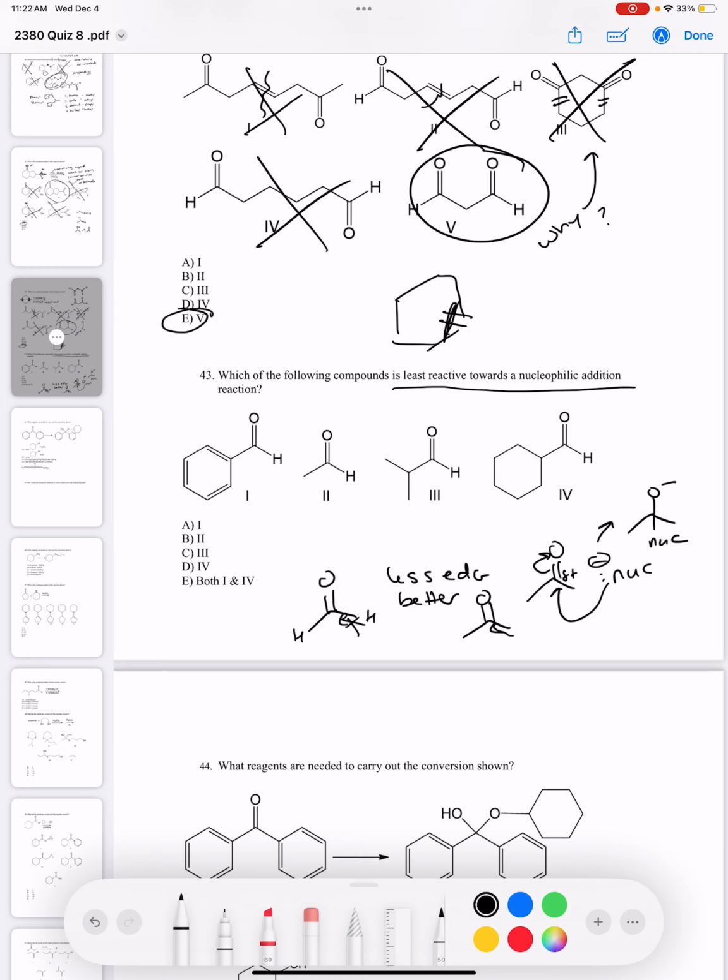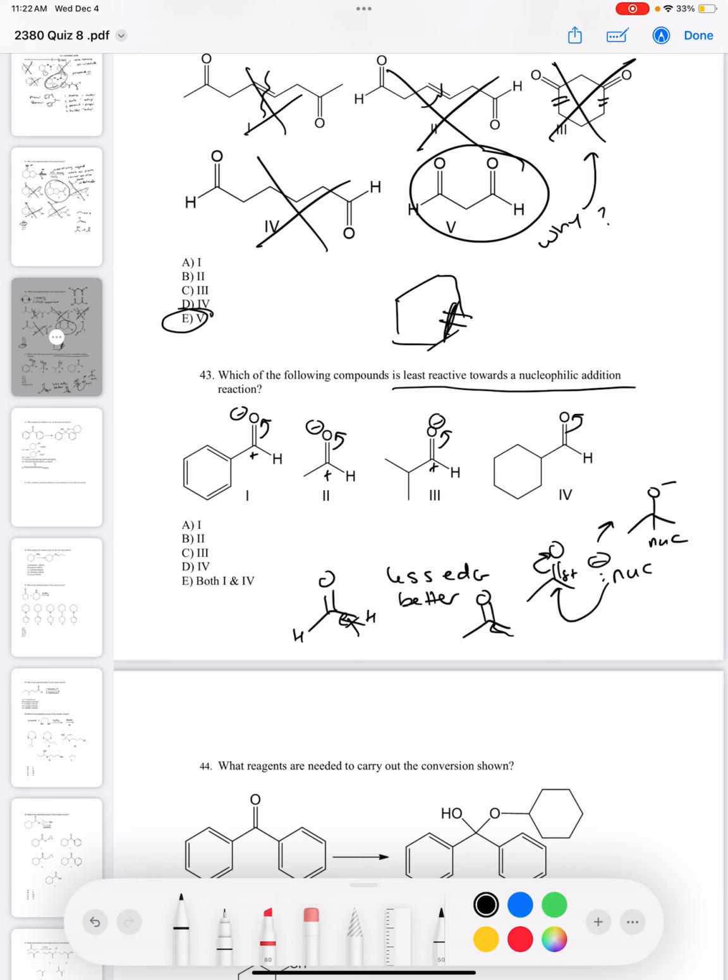My thought process is actually that the carbocation here is going to be more stable because of this. I know it might feel like this is adding electron density here, but in all of them we have a resonance structure where this becomes negatively charged, and you have a carbocation here.